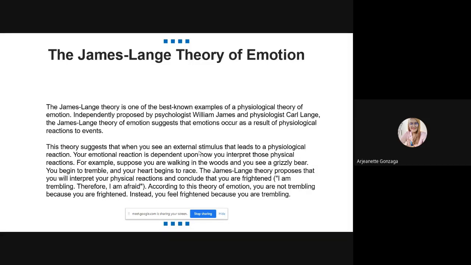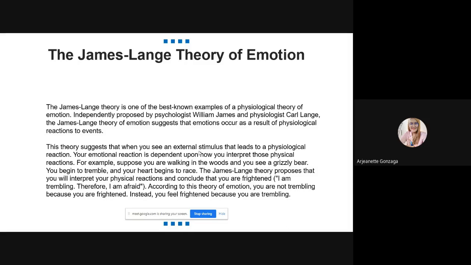So James-Lange theory of emotion, this theory is one of the best known examples of physiological theory of emotion. So independently, this was proposed by psychologist William James. So kilala niyo rin si William James and si Carl Lange. So the James-Lange theory of emotion suggests that emotions occur as a result of physiological reactions to events.